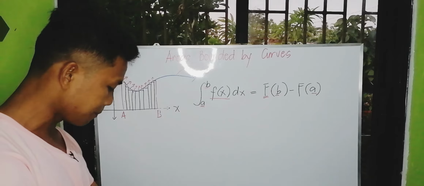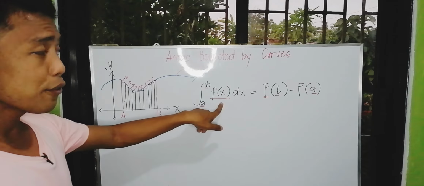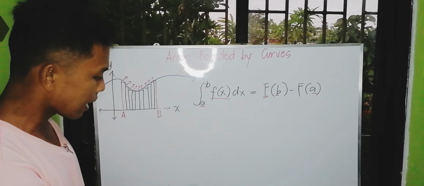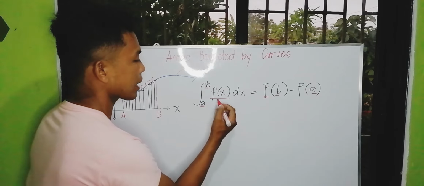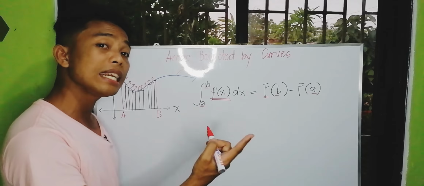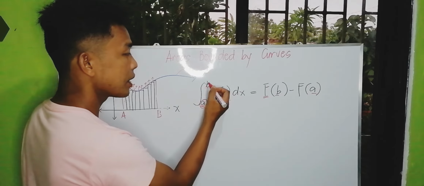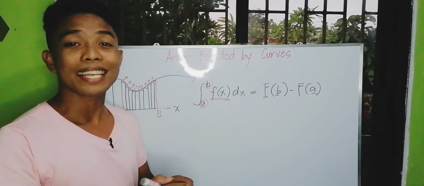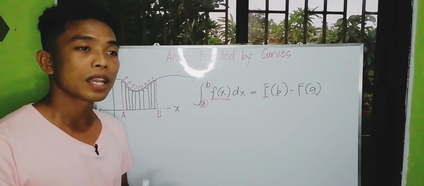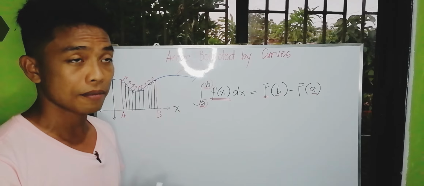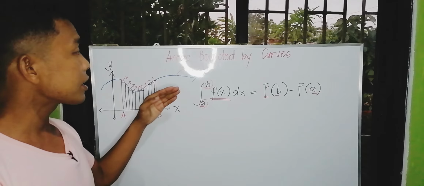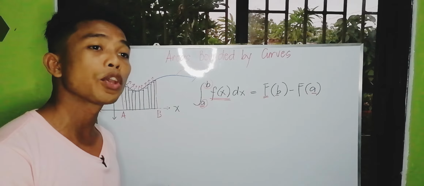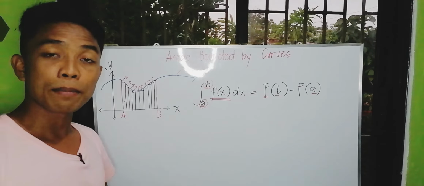Ngayon, kung mapapansin nyo, sabi natin, f of x with respect to x. So, kung ang pinag-uusapan lang naman pala natin ay si f of x, paano natin ma-identify ang a and b? Given na ba siya? The answer to that is yes. In a given problem, kapag ang pinag-uusapan lang natin ay curves or functions above the x-axis, automatic, nakalagay dyan sa problem kung ano yung a and b mo.